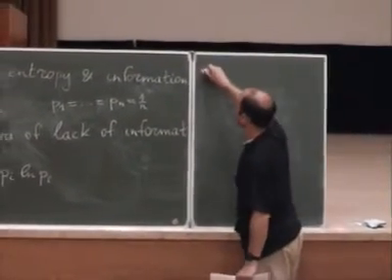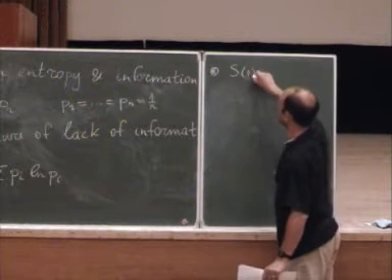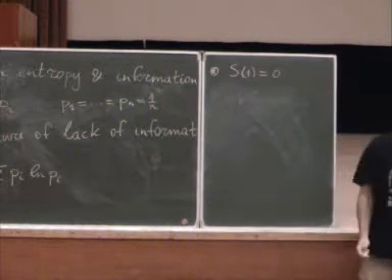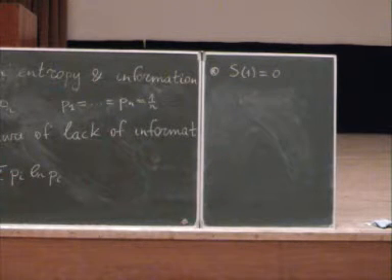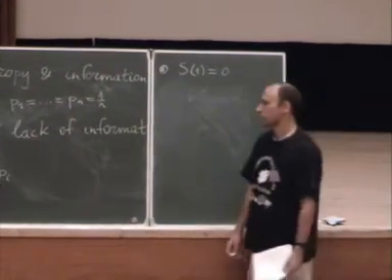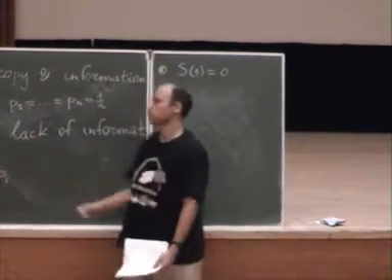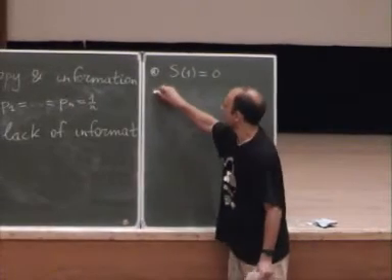Let me list some natural properties. First of all, S(1) is equal to 0. If there is only one possible issue of the experiment, then we lack no information, so the measure of the lack of information equals 0. Right? Because the logarithm of 1 is 0, so S vanishes.